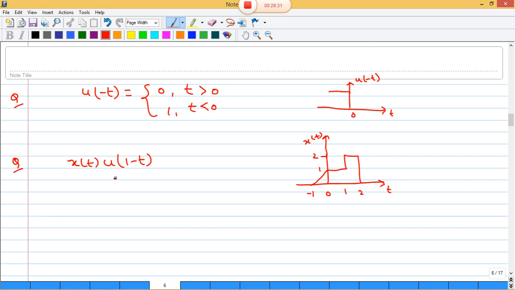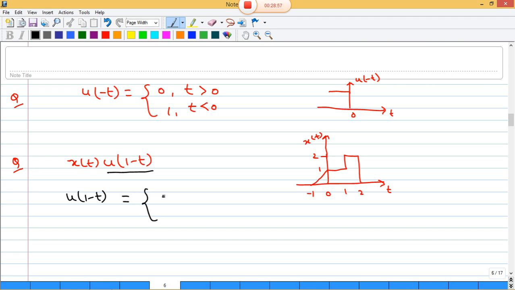So first of all we have to consider this u of 1 minus t. Because this is nothing but the multiplication of two functions, just find out the u of 1 minus t. So it is shifted by minus 1, isn't it?